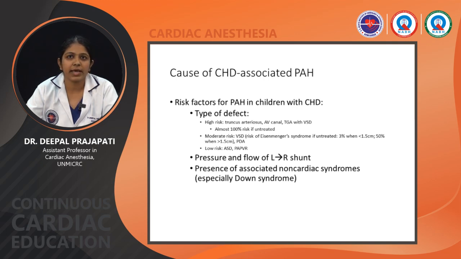VSD and PDA carry moderate risk. For VSD, the risk of Eisenmenger syndrome if untreated is 3% when the size of the defect is less than 1.5 centimeters and 50% when the defect is more than 1.5 centimeters, and the lower risk is associated with ASD and PAPVR.